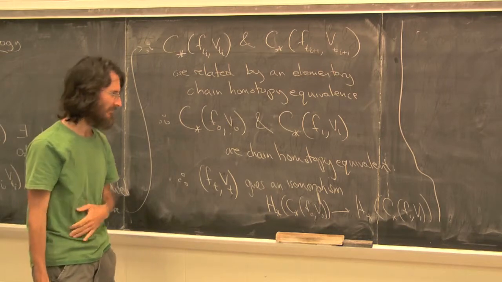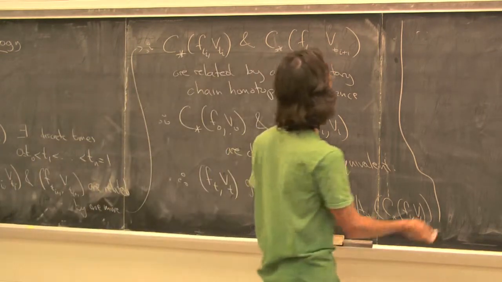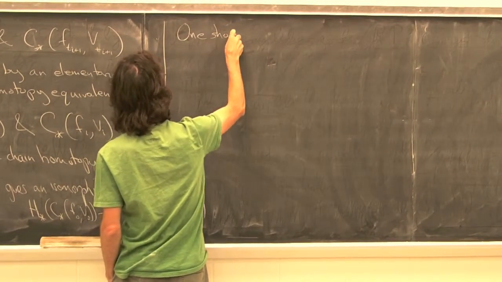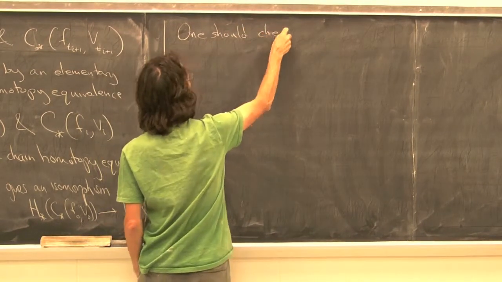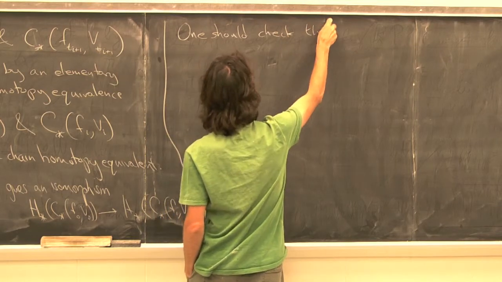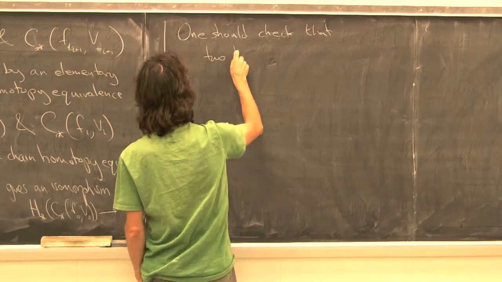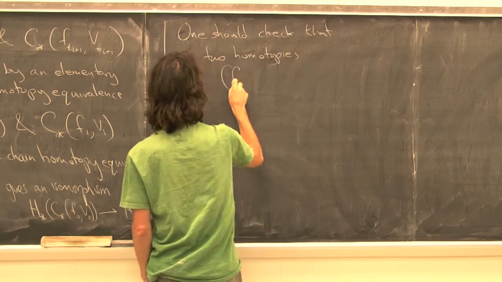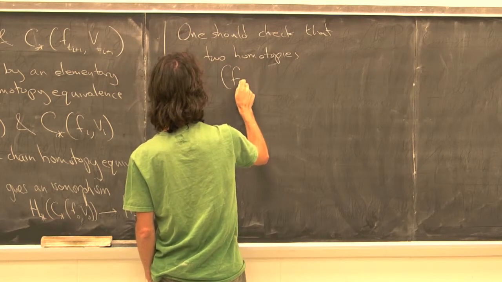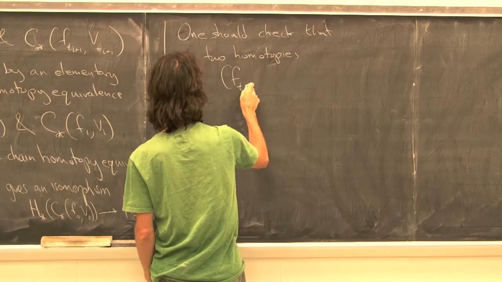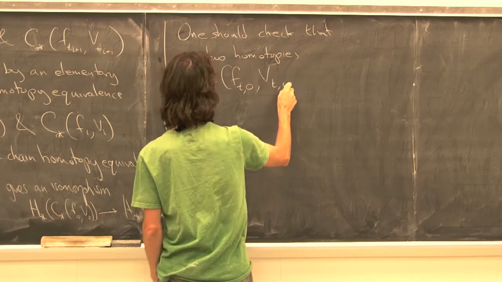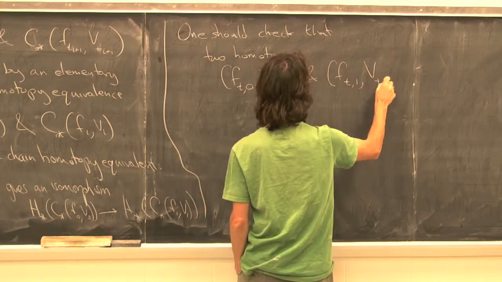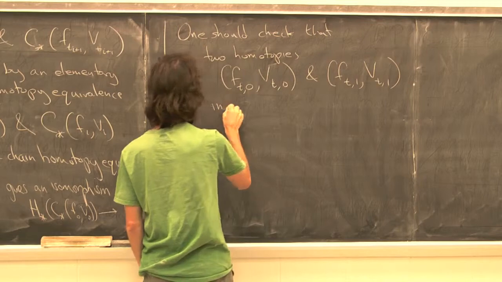And so what one should check is that two homotopies, say F sub t comma 0, V sub t0, and F sub t1, V sub t1, give the same isomorphism.